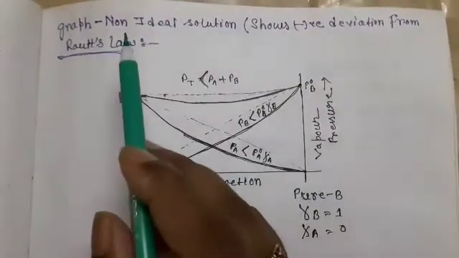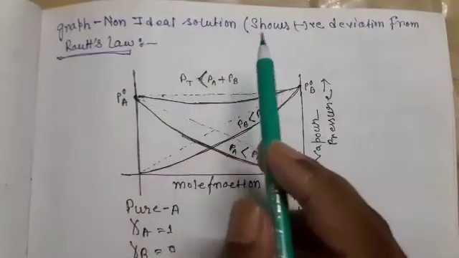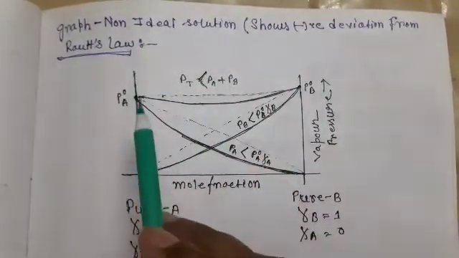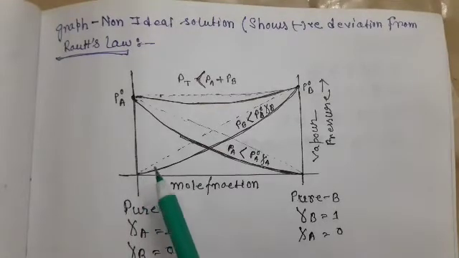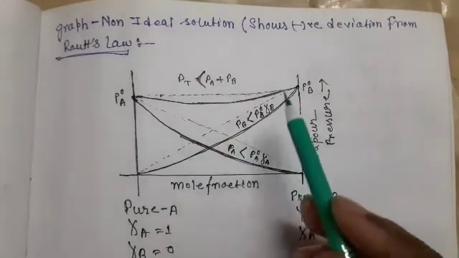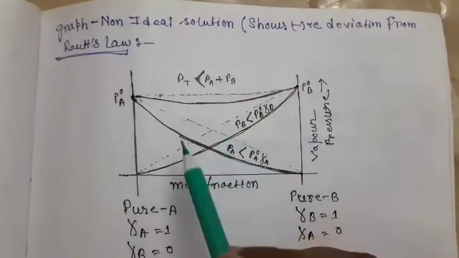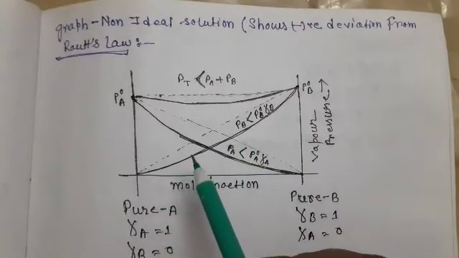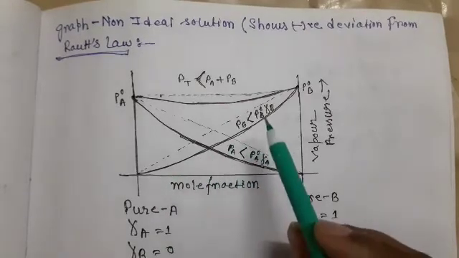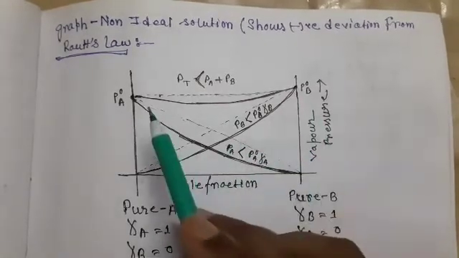Next topic is the graph of a non-ideal solution showing negative deviation from Raoult's law. We know that if it maintains Raoult's law, this is the straight line graph, but that is the negative deviation, that means below the Raoult's law straight line graph.